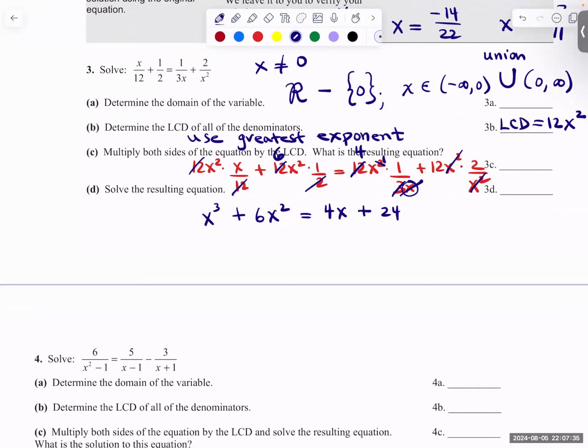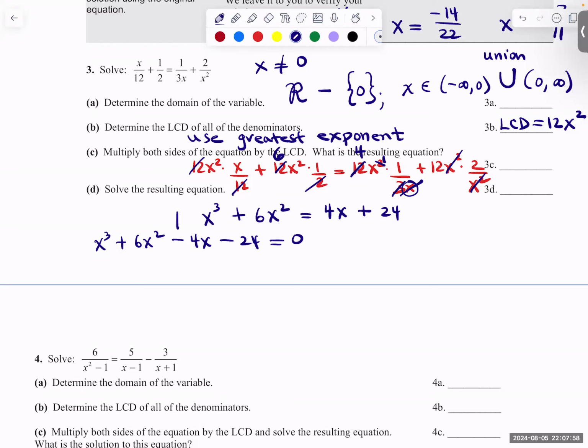Let's set it to 0. We have x cubed plus 6x squared. Now these two terms have a common factor of x squared. And then if we subtract 4x from both sides and subtract 24 from both sides, we get 0 on the left.